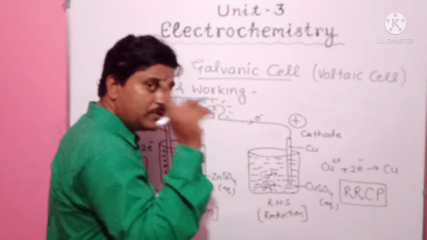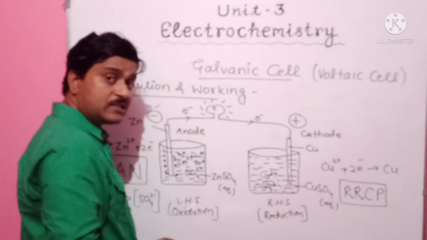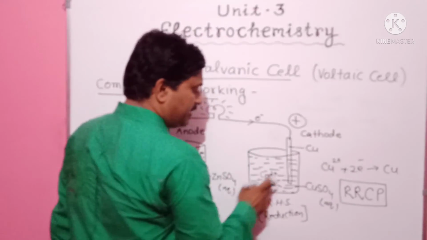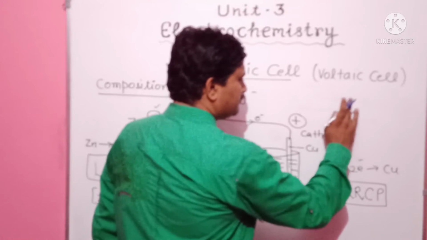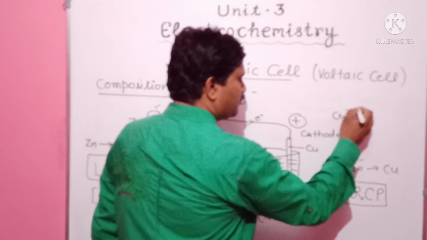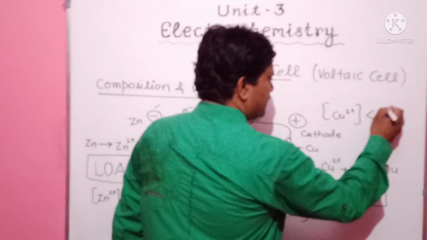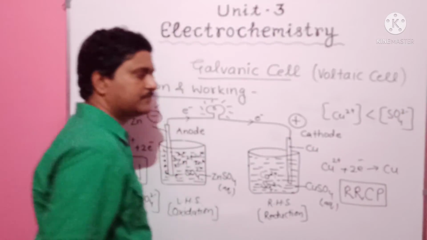So there is no positive charge. If there is no positive charge, whose concentration increases? Here the amount of sulfate ion increases. So the copper 2 positive ion concentration here decreases as compared to the sulfate 2 negative ions.